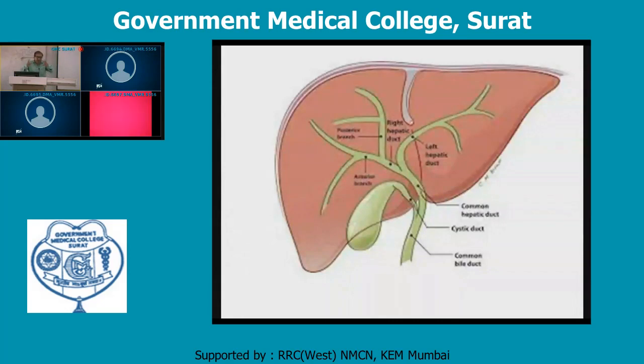These two hepatic ducts, right and left, drain the respective physiological lobe of the liver. The right hepatic duct drains the bile from the right physiological lobe, and the left hepatic duct drains the bile from the left physiological lobe of the liver. So this is about the intrahepatic part.